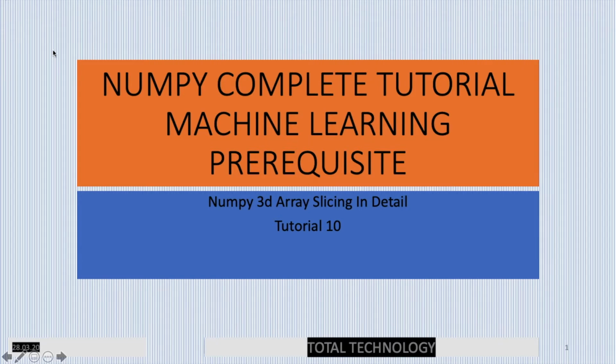This is tutorial 10 and today's topic will be again slicing, but in this tutorial we'll talk about 3D array slicing, and that will be a completely hands-on driven approach, because in the last tutorial we already discussed that slicing is going to be very important.